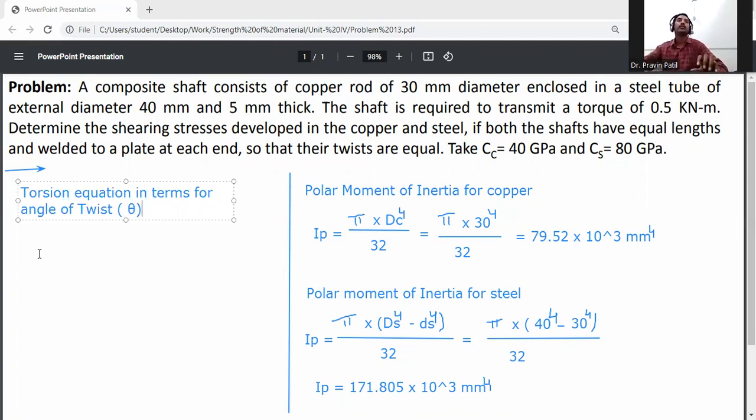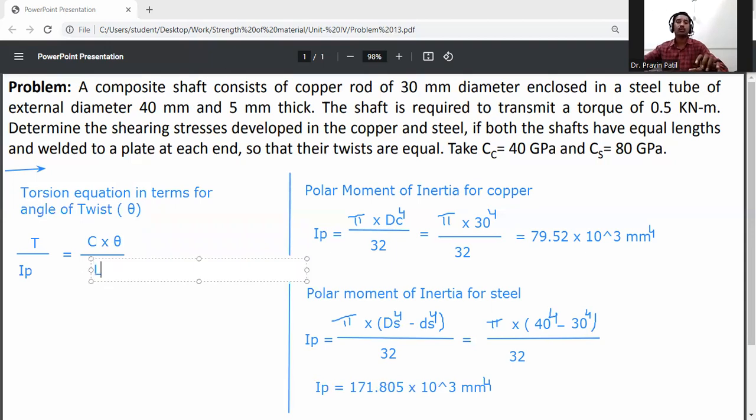Okay, so we know that T divided by IP, T is torque, divided by IP, the polar moment of inertia, is equal to C theta divided by L, C is the modulus of rigidity, and L is the length of the shaft.